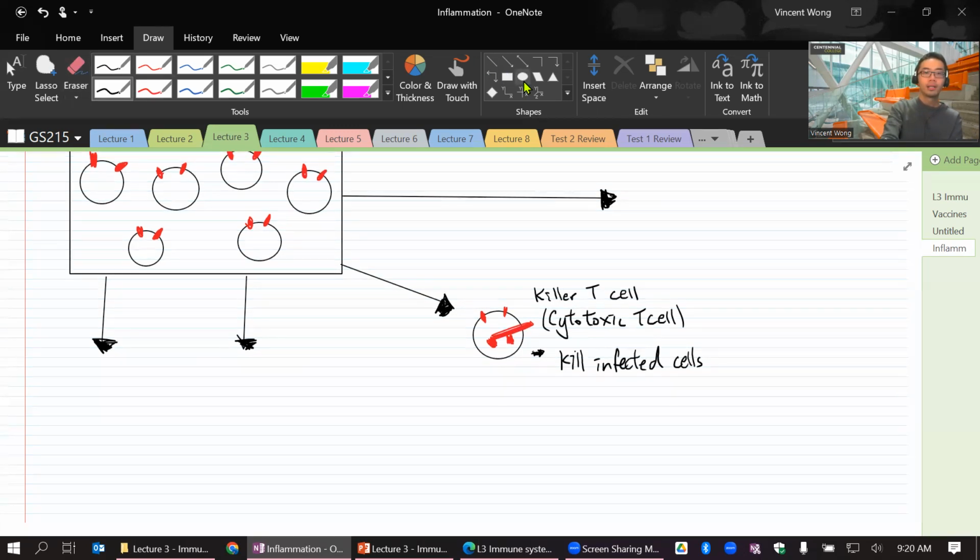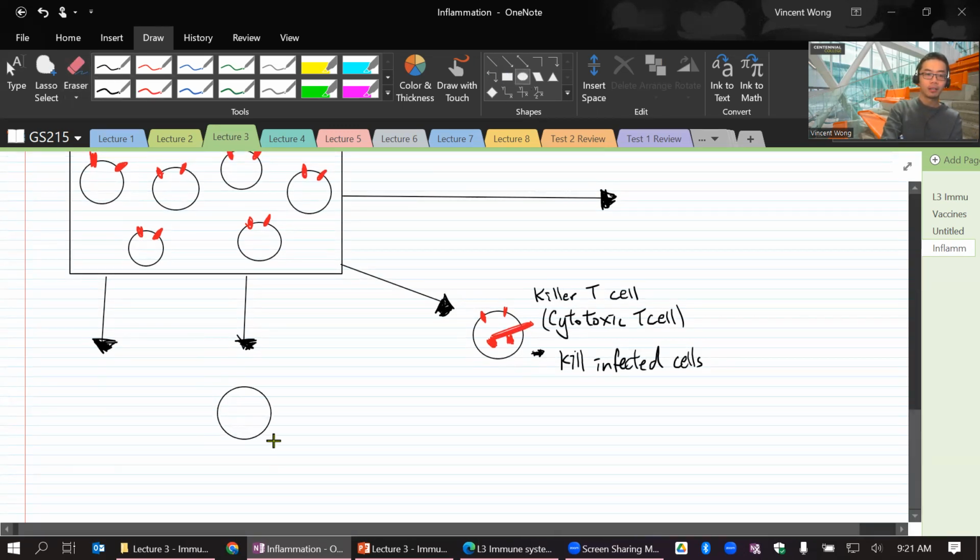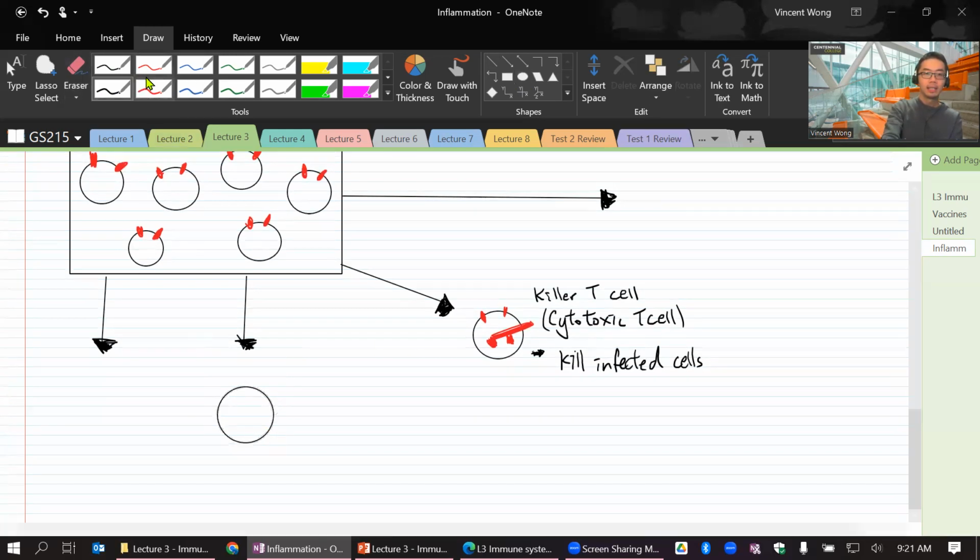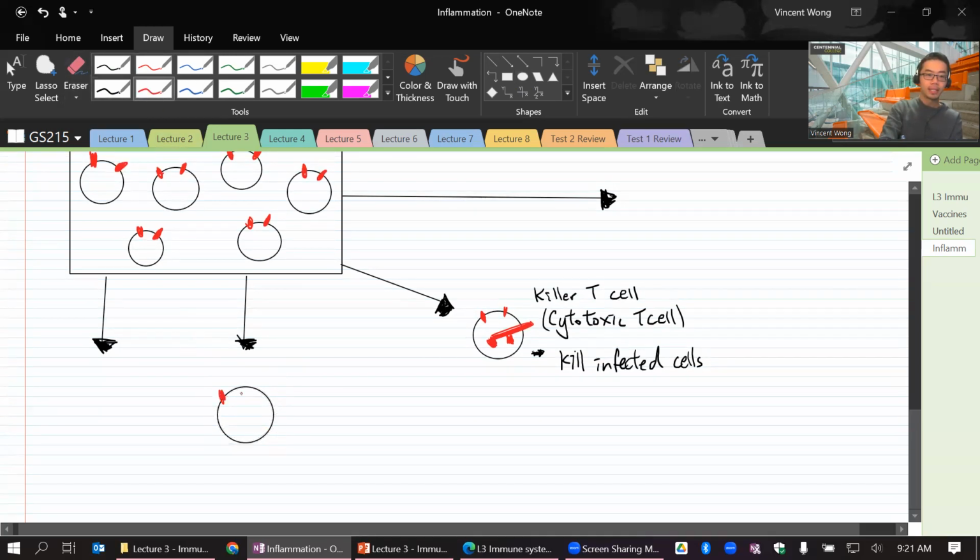We're gonna have another kind of possibility. These are called memory T cells. I'm gonna put a little thinking bubble here to show that they remember. So these are the memory T cells.